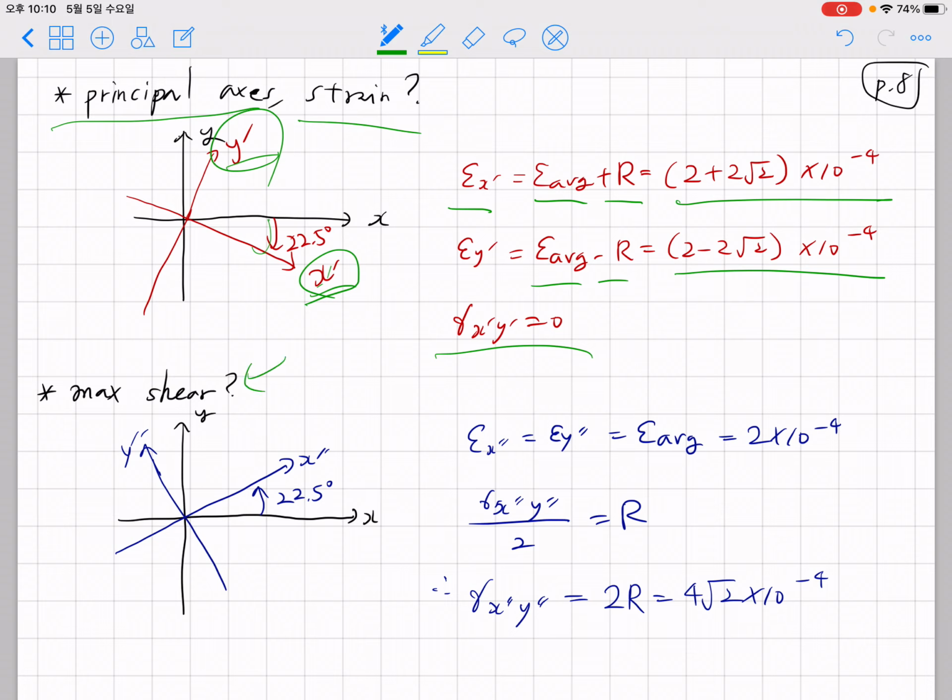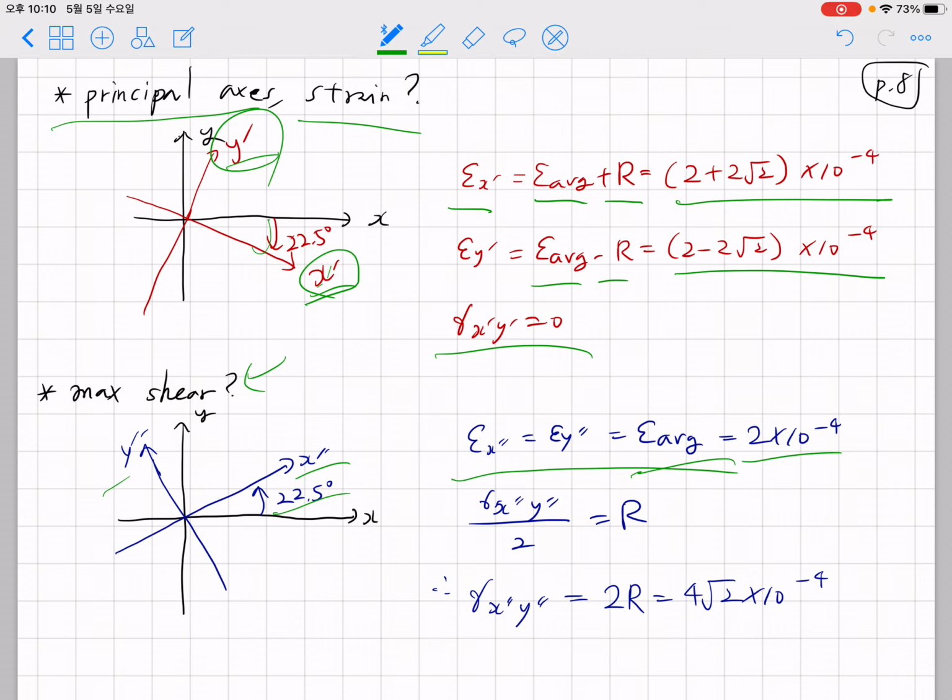Another question: what is the maximum shear? After rotating your axis by 22.5 degree counterclockwise, let's call that the x double prime, y double prime coordinate system. Similar to the Mohr circle for the stress problem, epsilon x double prime and epsilon y double prime are the same as epsilon average, which is 2 times 10 to the negative 4.